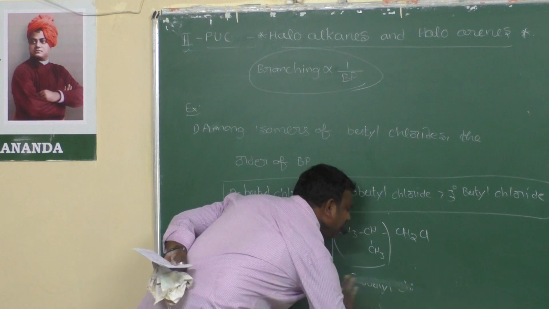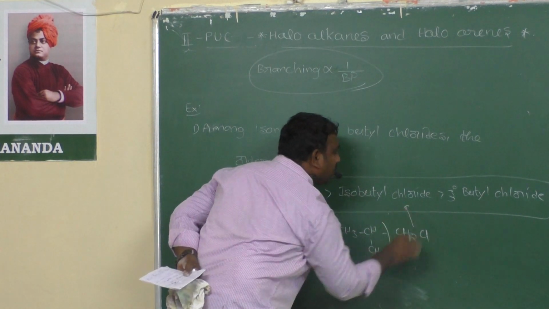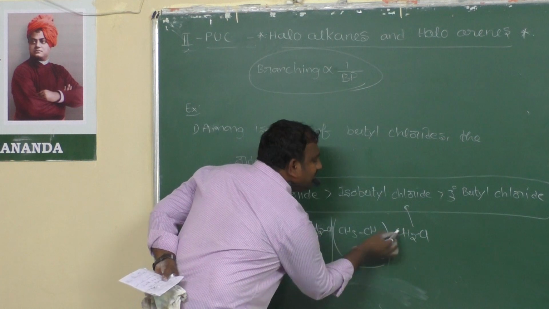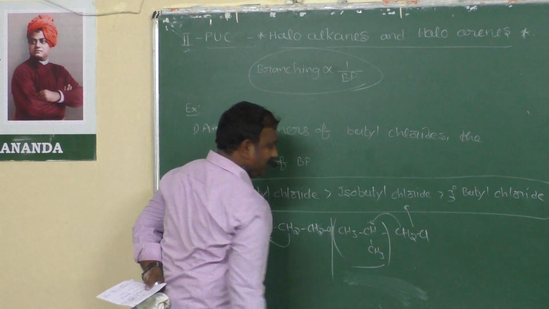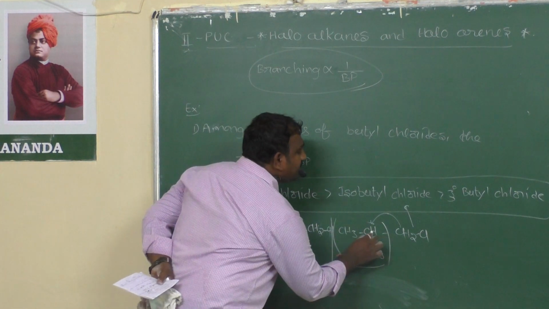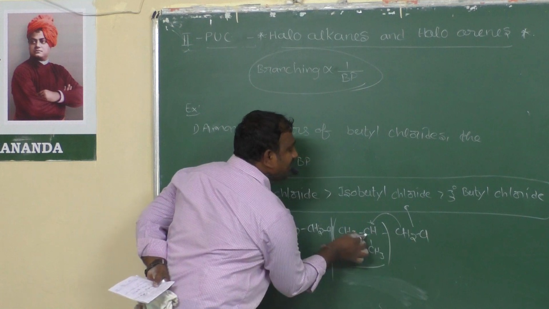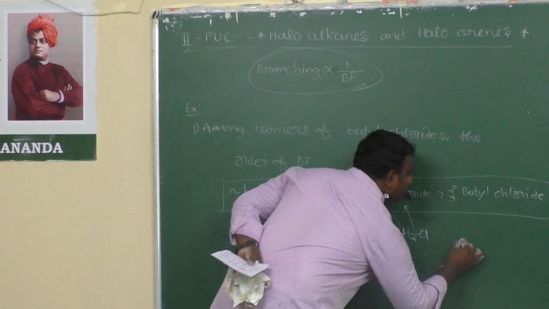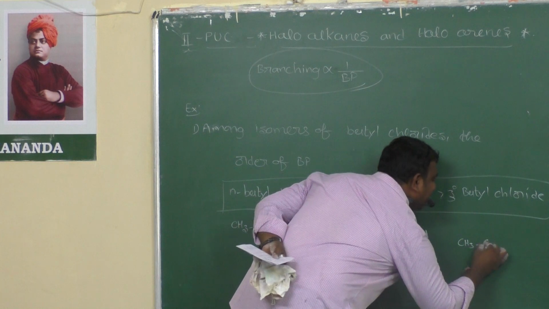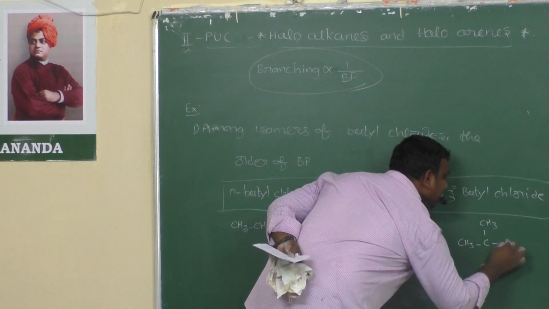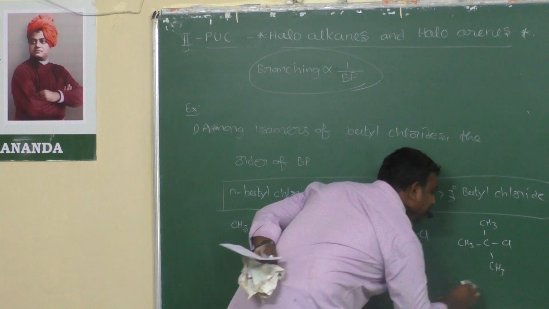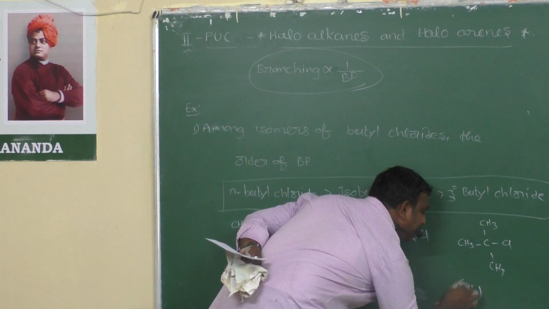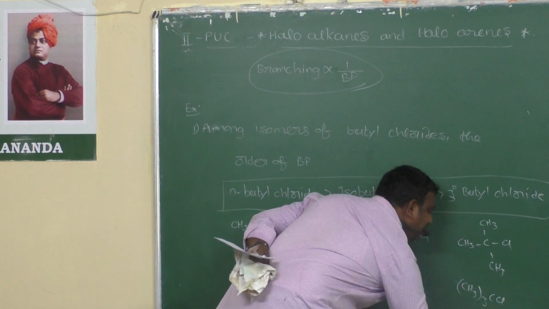So, this is called isobutyl chloride. On shifting this CH3 onto this carbon, the hydrogen is added to this carbon and the chlorine is attached to this carbon. So it is nothing but (CH3)3CCl, simply expressed as (CH3)3Cl.